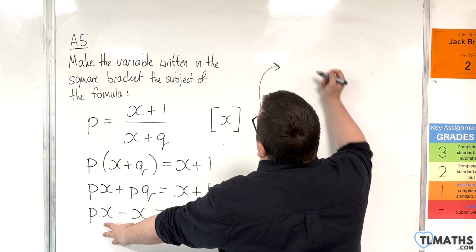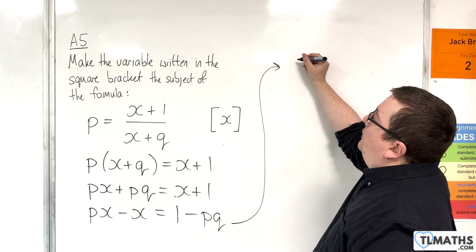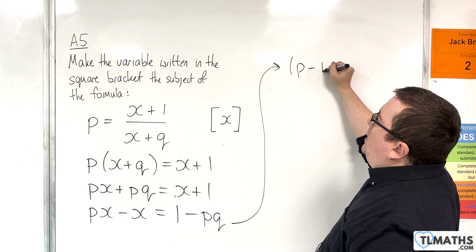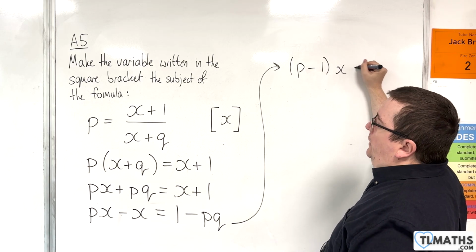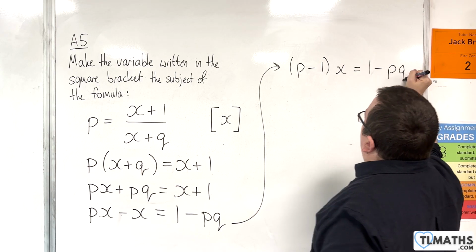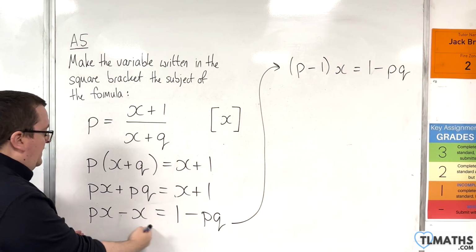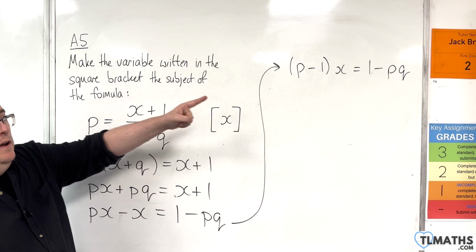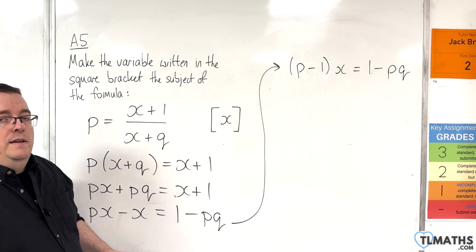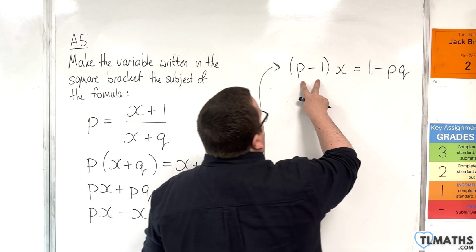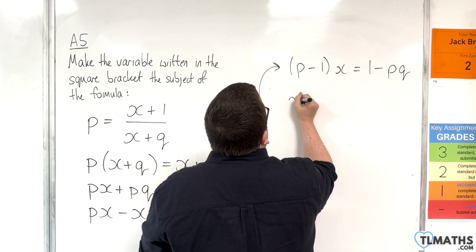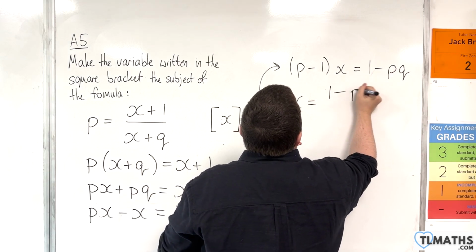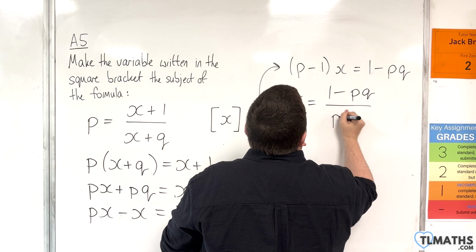So factorise that left-hand side, because both terms have an x involved, and we'll have p take away 1 times x is equal to 1 take away pq. So I factored out the x there, and I arrived with that. Now I can divide both sides by the p minus 1. So x is equal to 1 take away pq over p minus 1.